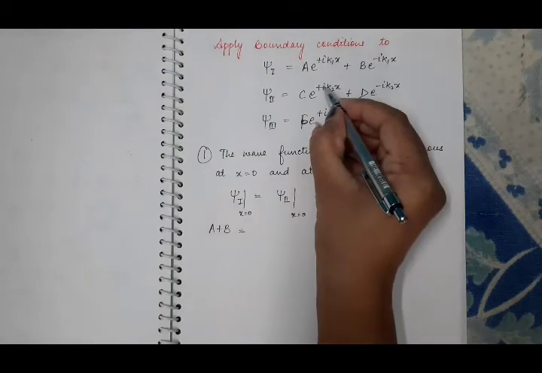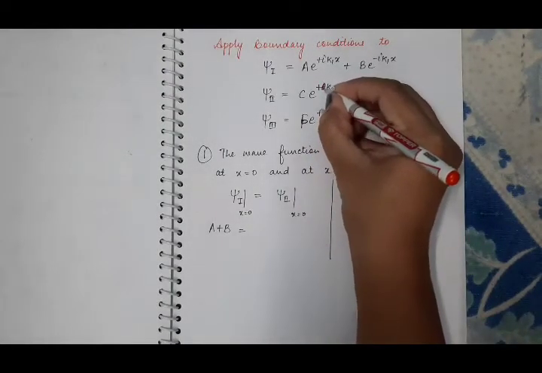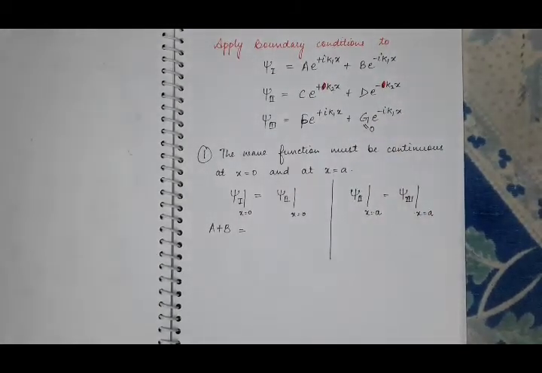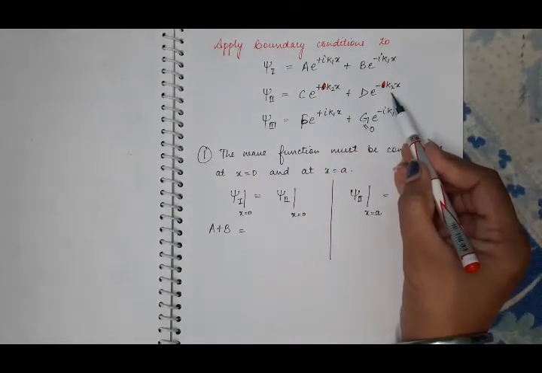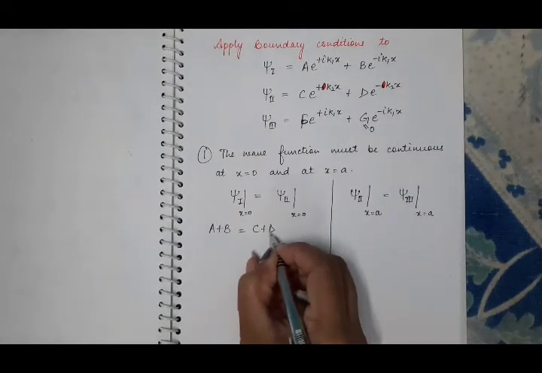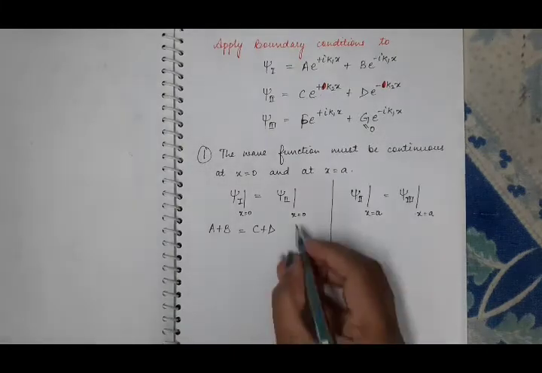In case of psi2, here we have plus k2x and minus k2x. There is no iota. So e raised to power 0 will be 1, again 1. So on the right hand side we will have c plus d. And suppose this equation as equation 11.